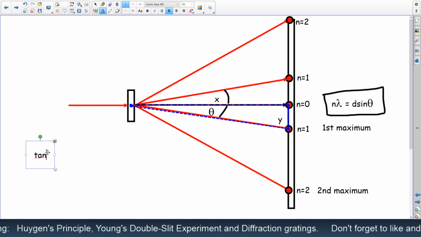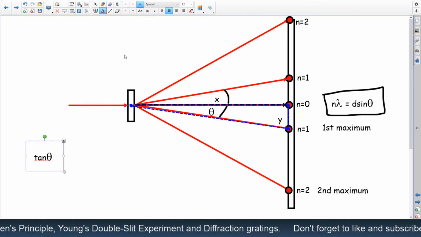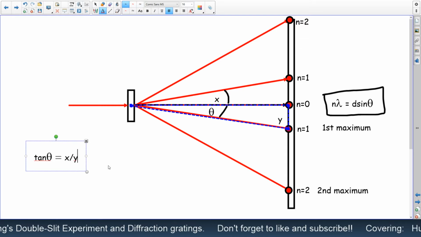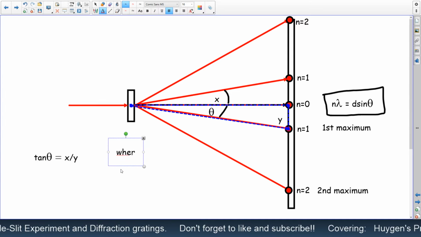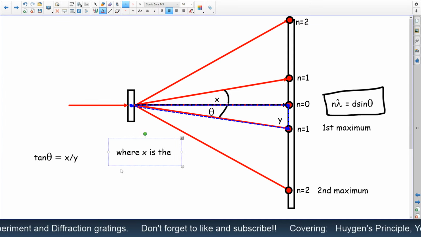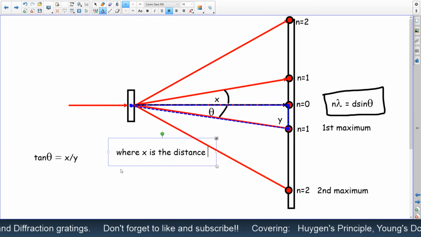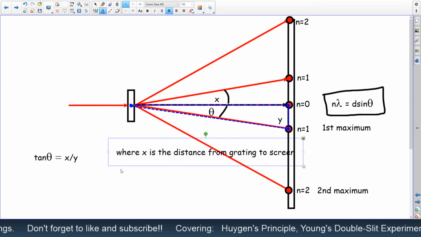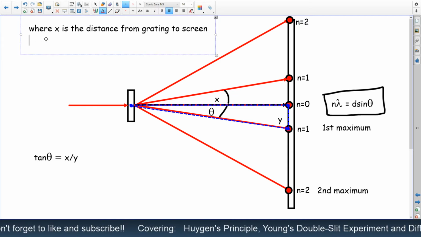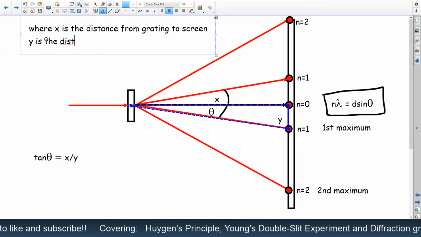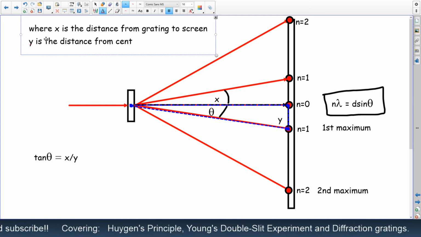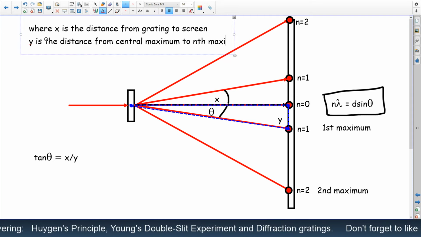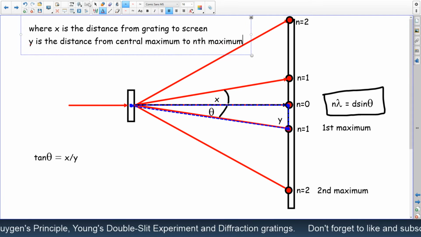So we can write that tan theta is equal to x over y, where x is the distance from grating to screen, not up here, and y is the distance from the central maximum to your nth maximum, depending on what you're doing. Because this will work for any of them.